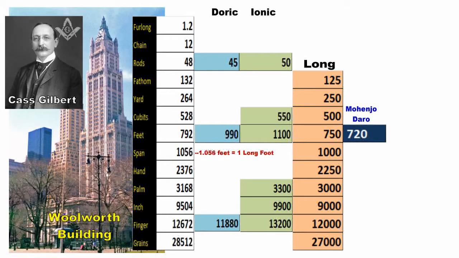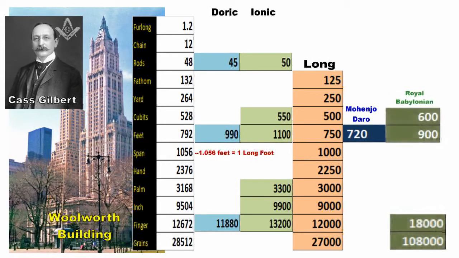Also, it's a conversion for the Mohenjo-Daro foot, or Harappa, the ancient Indus, a very ancient unit of measure. We're talking over 4,500 years in regards to this, or at least 4,000, probably older. But also the Royal Babylonian scale, once more, not only in whole numbers, but very beautiful whole numbers, and we'll have more of a look at those now.